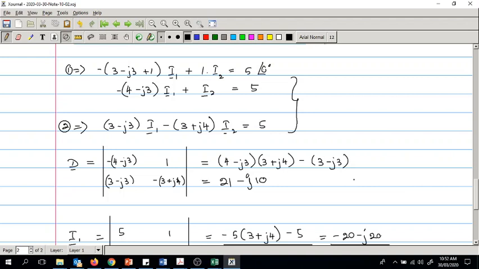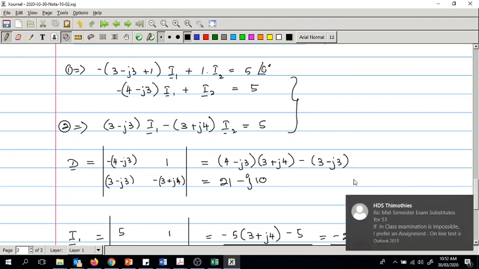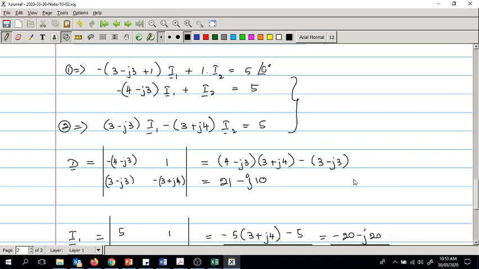Okay, something is wrong, right? It's actually okay. Let me enter that value again. 4 minus 3I, 3 plus 4I minus brackets 3 minus 3I, 21 plus 10.